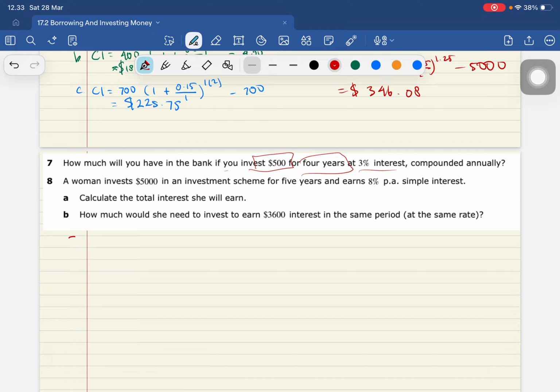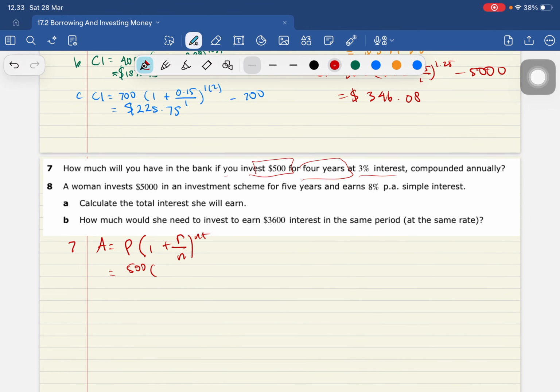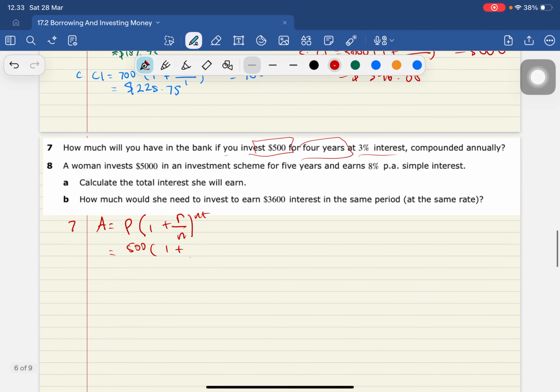So for number 7 we use P, the money that they invest, the rate, and T. P, as we got here, is 500, multiply 1 plus the rate 3%, so 0.03 divided by 1. It is 4 years, so 1 times 4. So it's 500 multiplied with 1.03 to the power of 4.